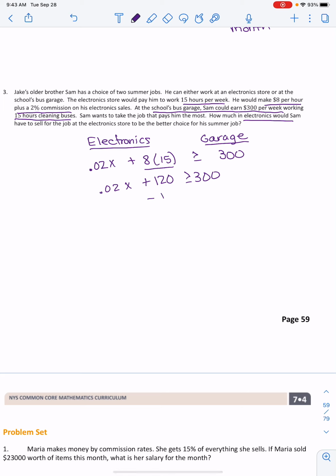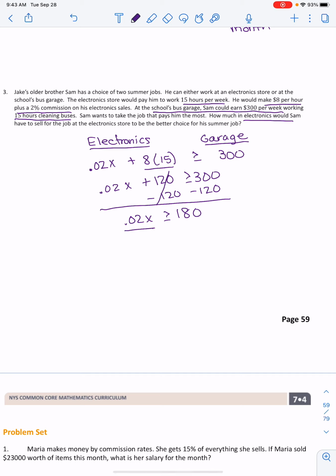If I subtract 120 from each side, well, that gives me 0.02x is greater than or equal to 180.